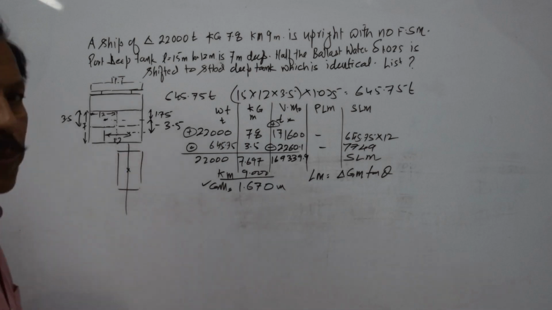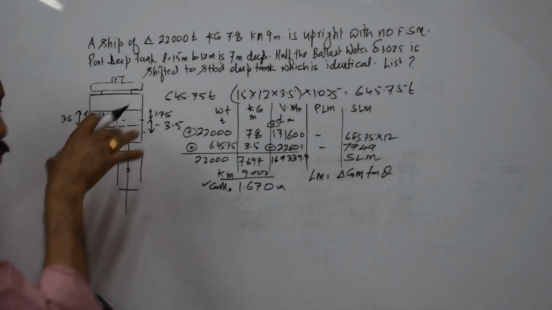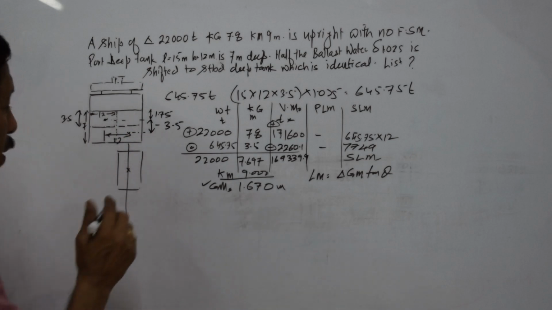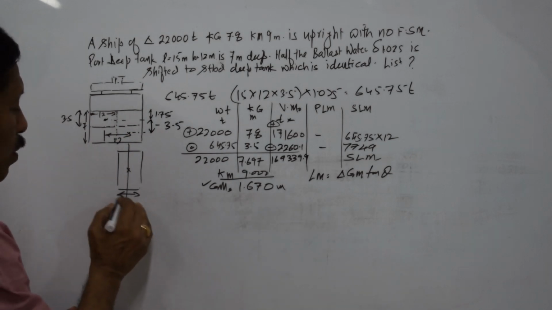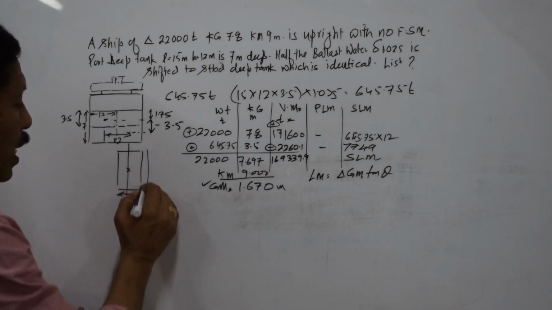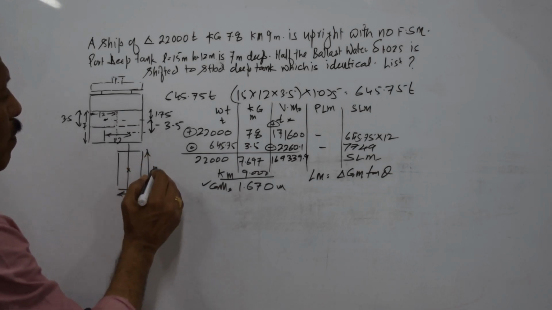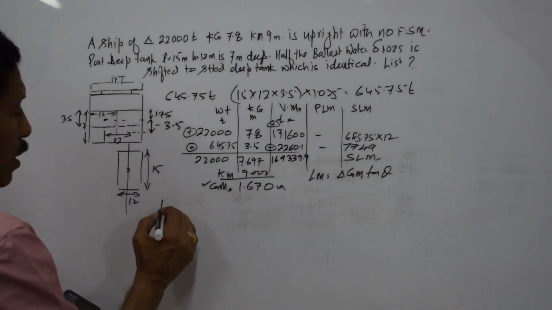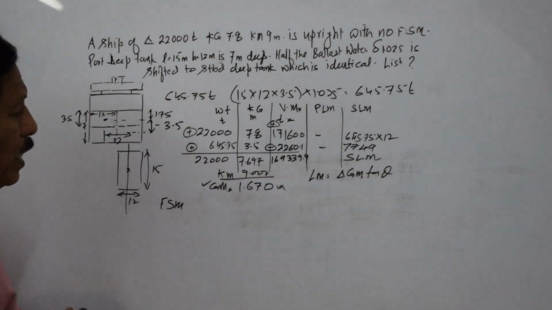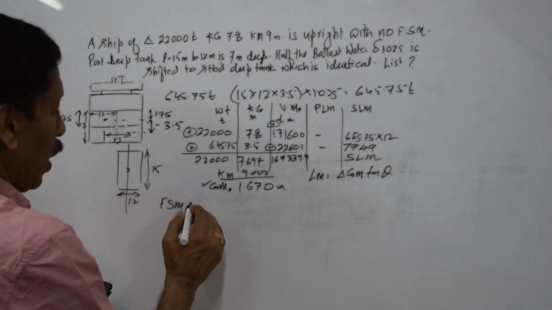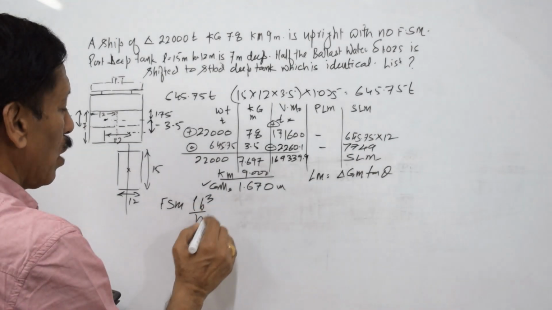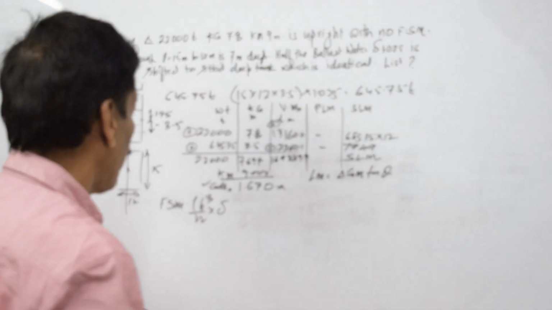The breadth is 12 meters, the length is 15 meters, and the free surface moment caused by each tank will be length into B cube upon 12 multiplied by the density of the liquid inside.